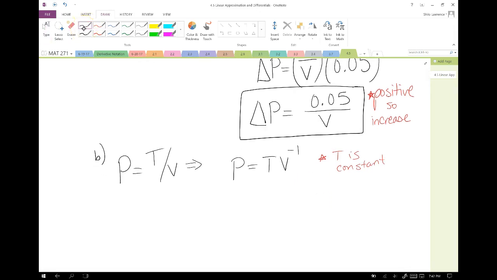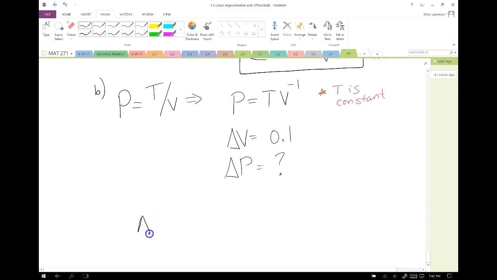Suppose the temperature is held constant and the volume increases by delta V equals 0.1. It's a positive change. That means increase. What is the approximate change in the pressure? And does the pressure increase or decrease?